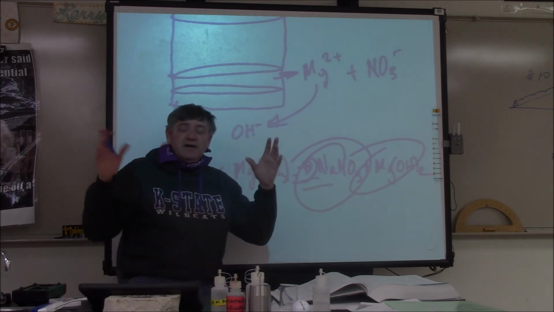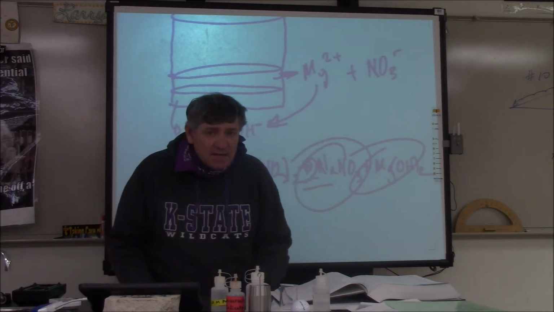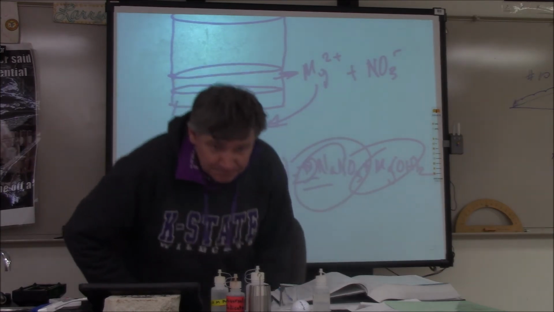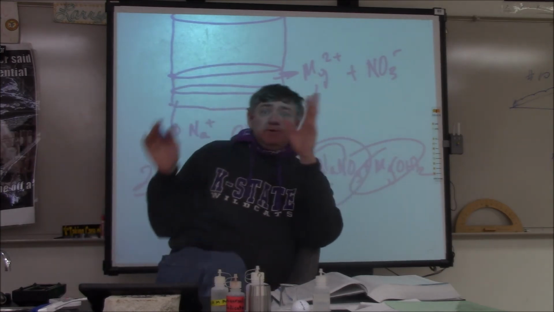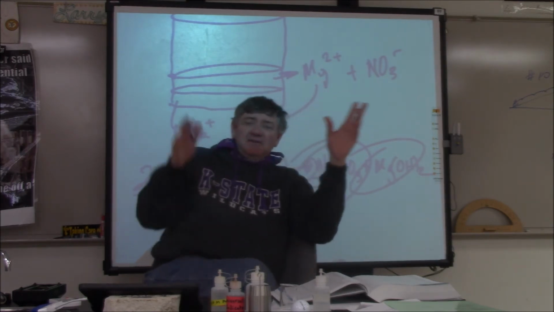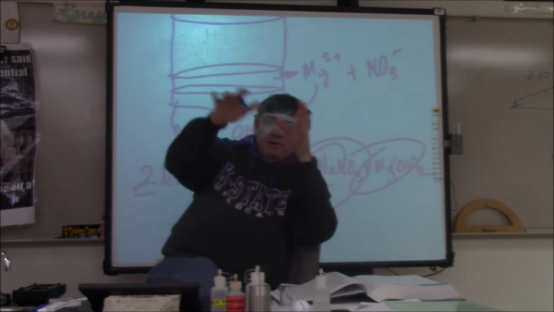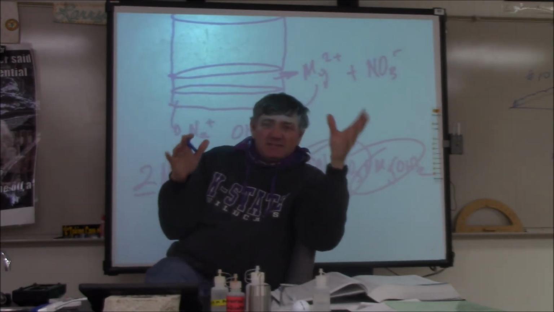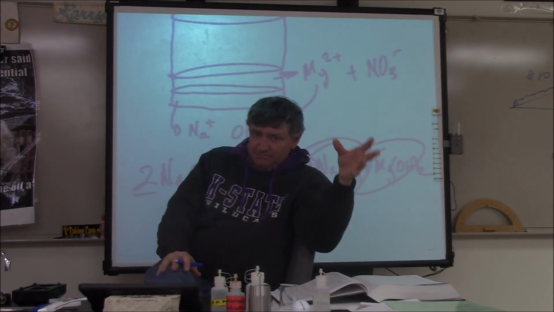Okay? So it would be like all of you bouncing around inside this room. So imagine I'm going to bring the two groups of you together, right? Okay? And some of you are going to hook up and you go, wow, this is kind of cool, right? And you're going to form this precipitate, and you all are going to quit bouncing around, and you're going to sit together at a table. That's basically what happens when you form a precipitate.